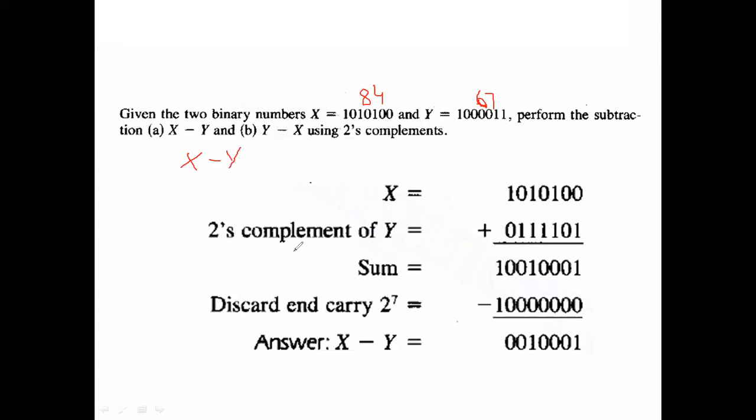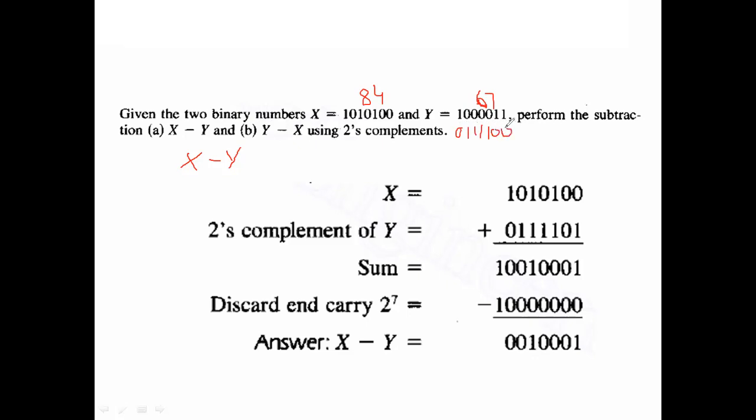For y, we calculate the 2's complement. What is y here? 1, 0, 0, 0, 0, 1, 1. So 2's complement means first we calculate the 1's complement, that is, changing 1 as 0 and 0 as 1. So 0, 1, 1, 1, 1, 0, 0.